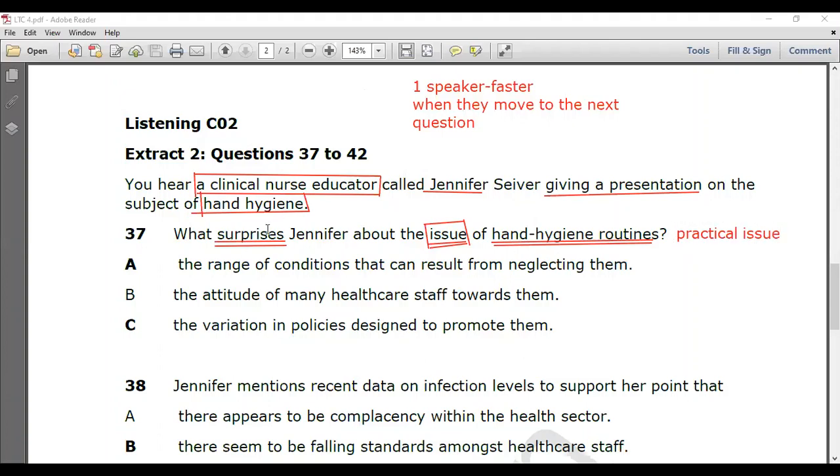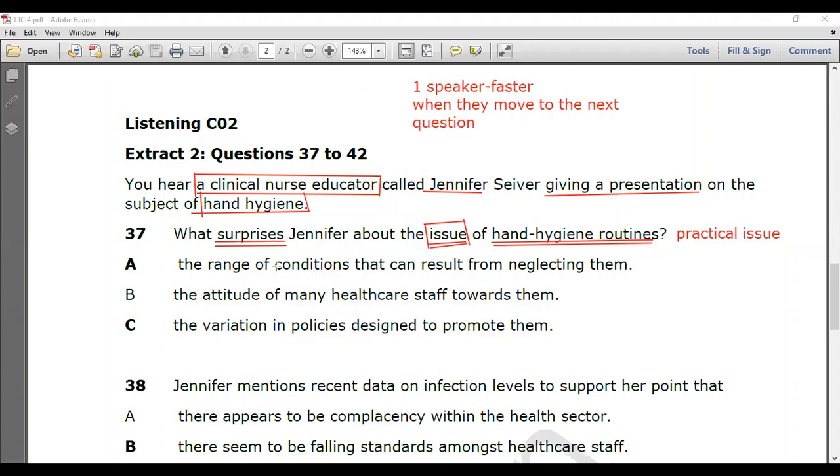Now look at the answer choices. Now this happens to be the first part of her presentation. That means she would definitely go on to give some insight into what hand hygiene is or why it is important. But your focus is not those things.